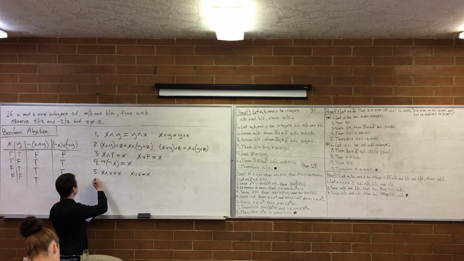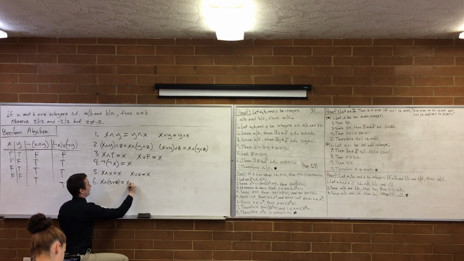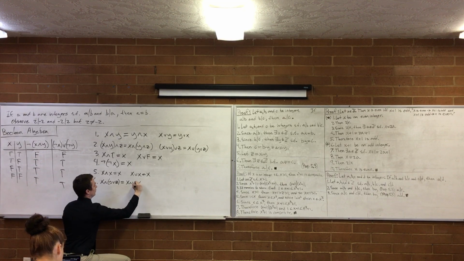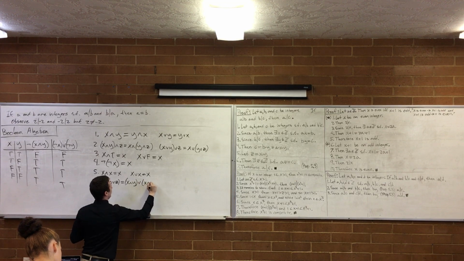Distributive property. X and y or z is equal to x and y or x and z.